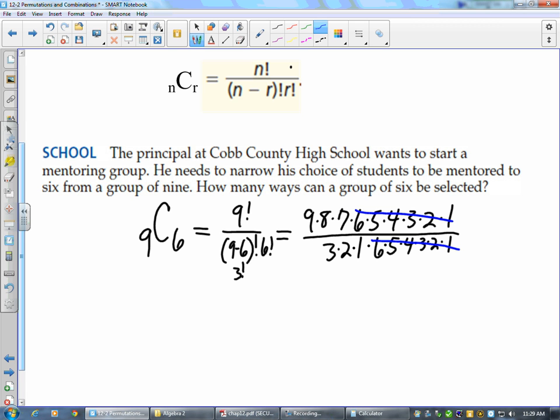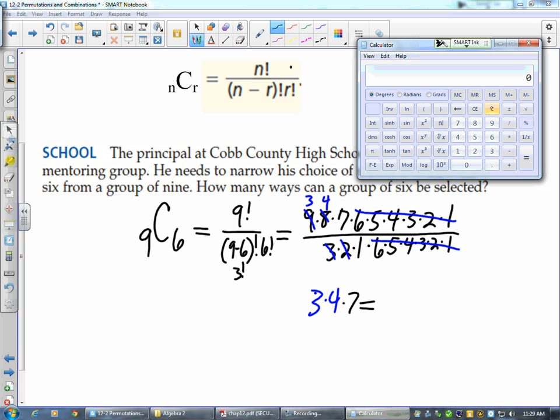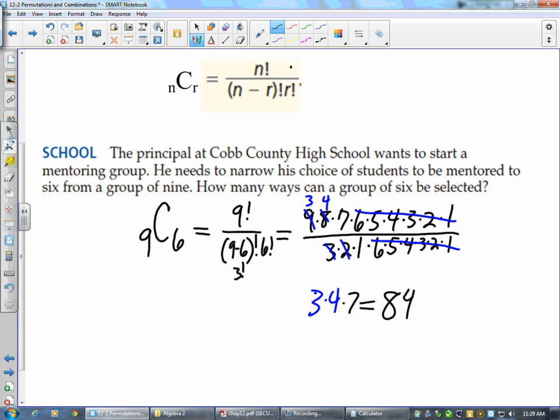That cancels out with that 6 through 1. I can divide out the 3 with the 9. That leaves me a 3 on top. 8 divided by 2 is a 4. And my final answer is just going to be 3 times 4 times 7. That's all that's left, equals 84 different ways the group can be selected.